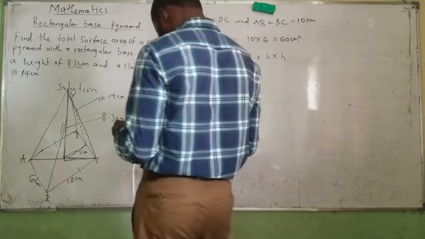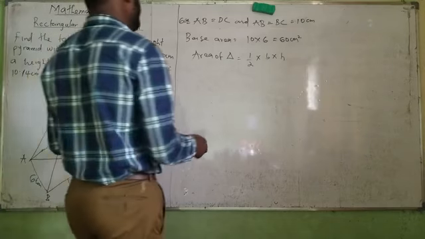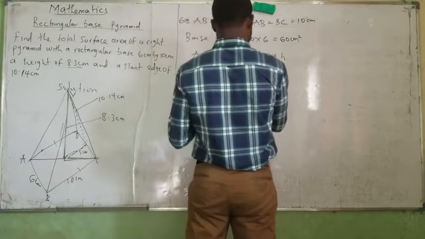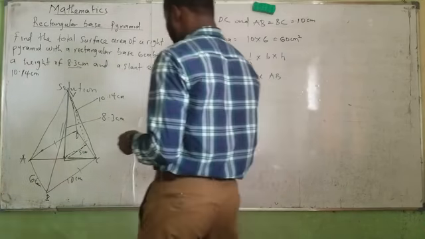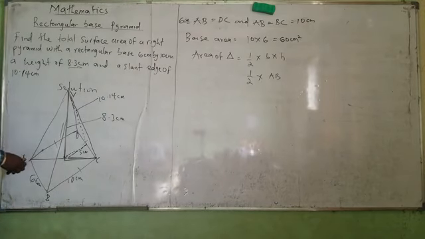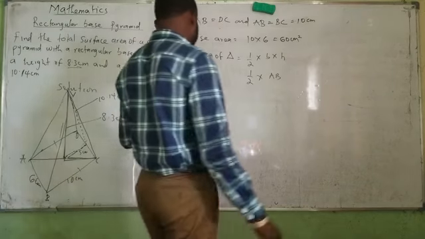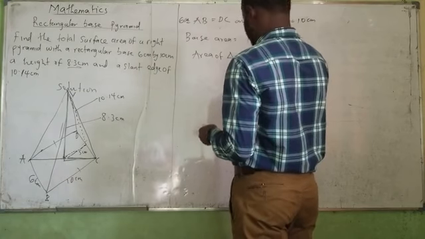So half multiplied by AB multiplied by VP.